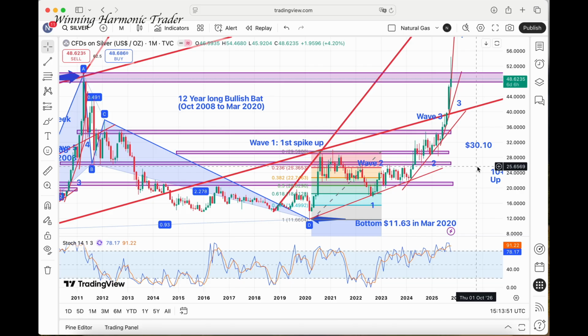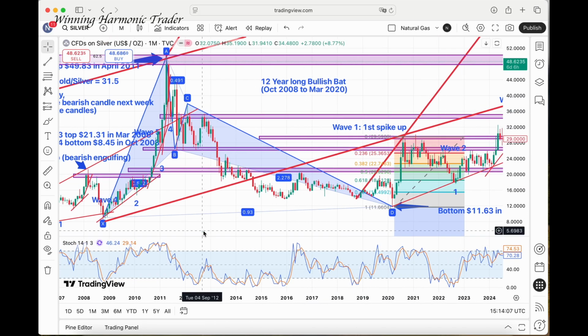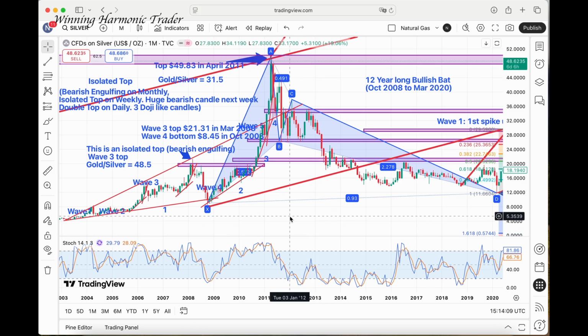So when that is done, let's say it falls up to $30.10, then wave 5 starts, right? And based on our historical study, wave 5 is the most profitable wave, right?